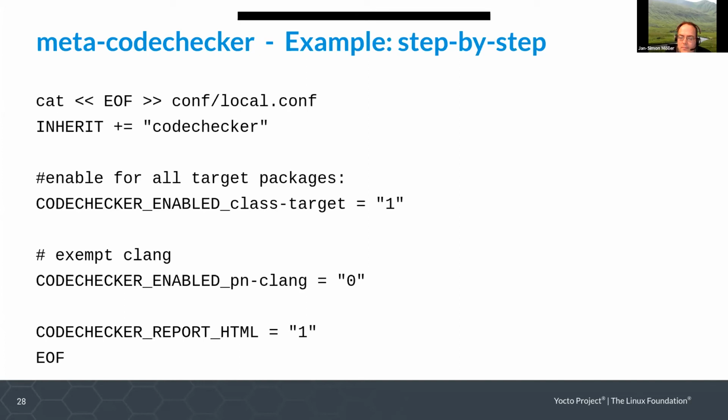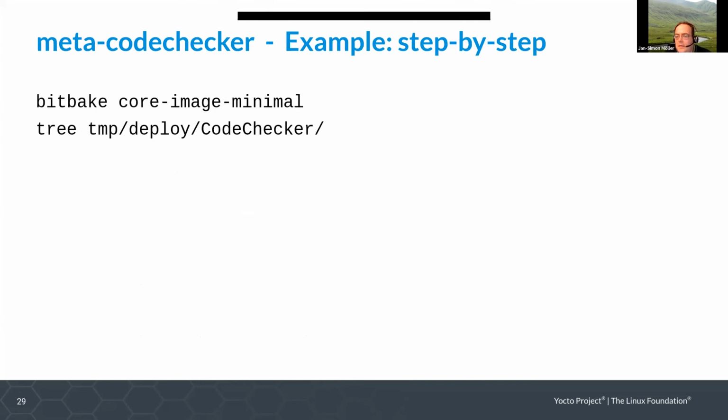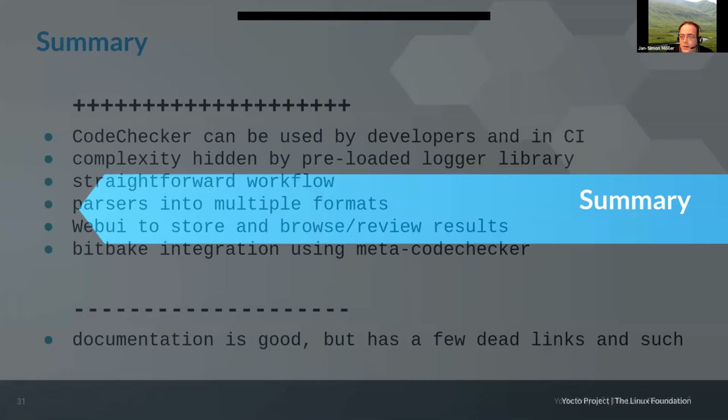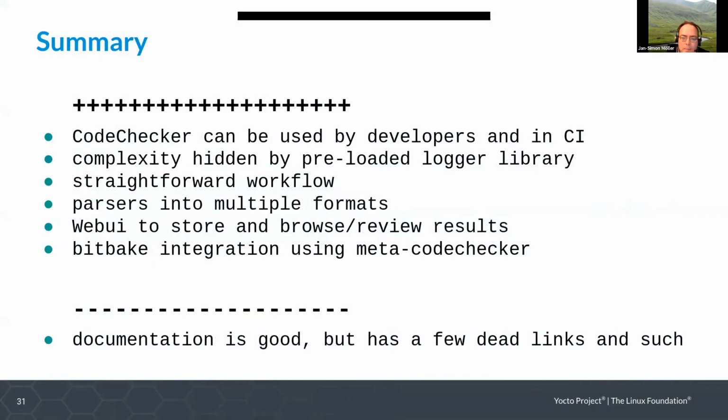Alternatively, if you have set up the Docker container or the server side, you can also upload to the web UI. And then you just build your image, and the files will be in tmp/deploy/CodeChecker. So that is how you can use it.